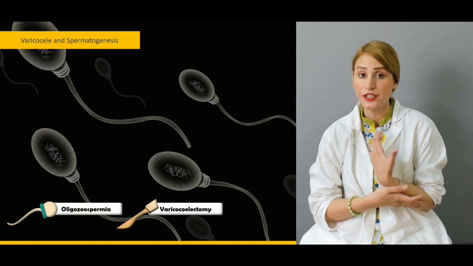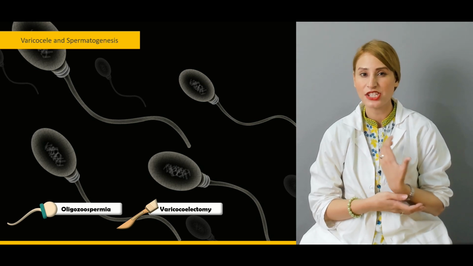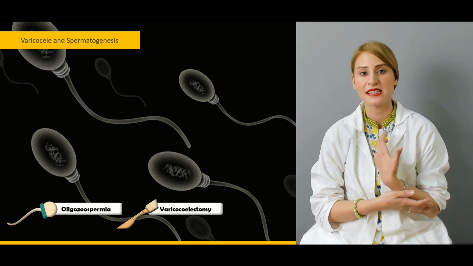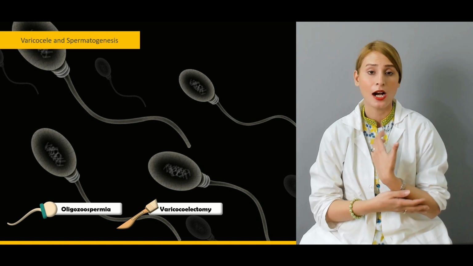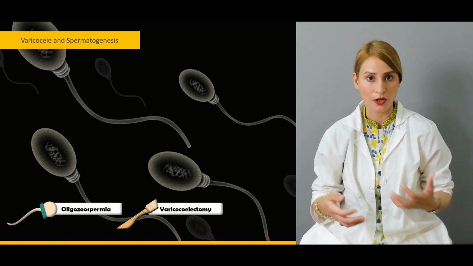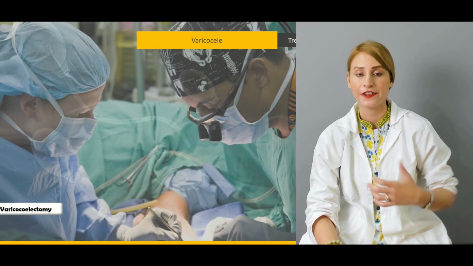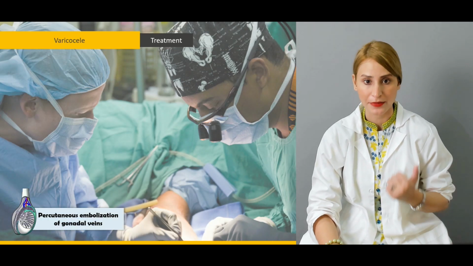And if you do a varicocelectomy, the chance of oligospermia is not significantly reduced, but the cause behind this is unknown. But it's usually known that varicocele is interfering somewhere in the process of spermiogenesis.